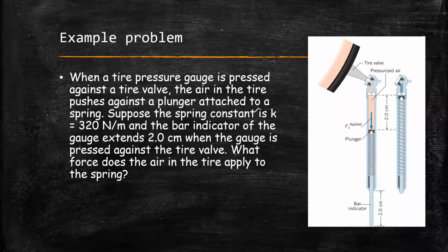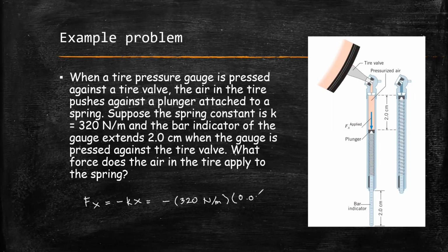So we have our given k, which is 320 Newtons per meter, and a displacement of 2 centimeters. We're looking for the force Fx. So Fx is equal to negative kx, where k is 320 Newtons per meter and x is 0.02 meters.